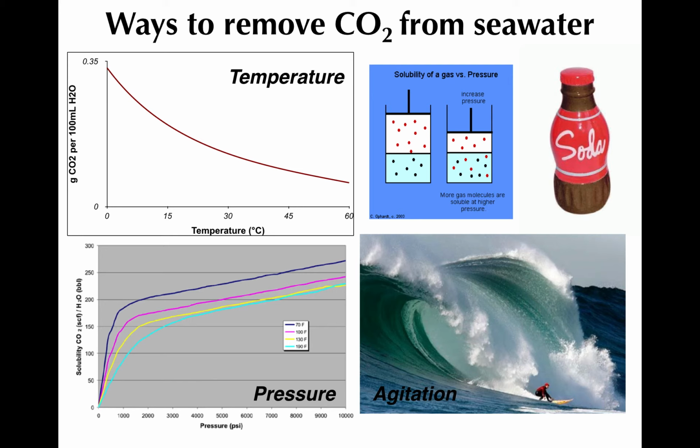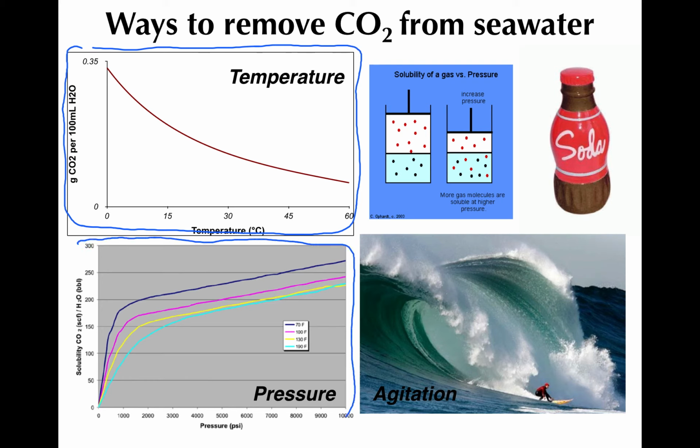CO2 is more soluble in colder water, which you can see from this graph right here. As temperature goes up, solubility goes down. CO2 is also more soluble under greater pressure. So as pressure goes up, CO2 solubility goes up. And that's simply because as you increase the pressure, you push more of that gas into solution.